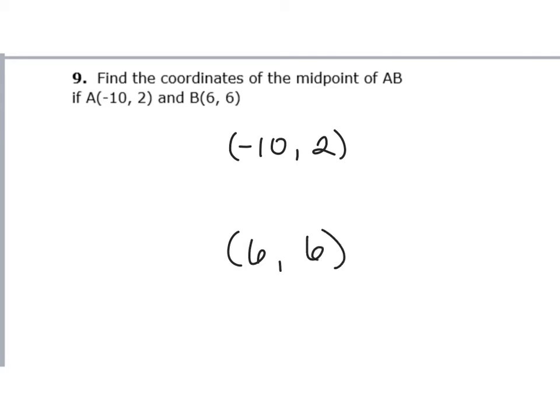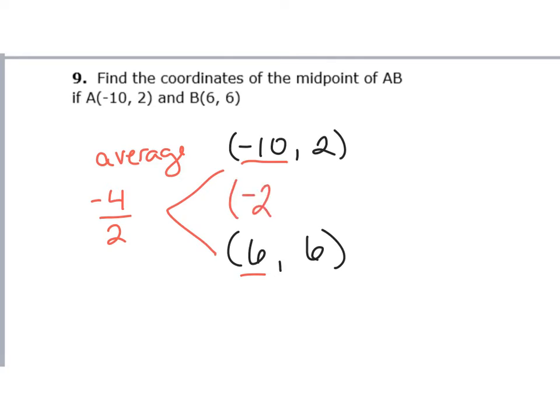On each side, I'm going to average my x's. You average them by adding them together. Negative 10 plus 6 is negative 4, and since it's two numbers, we divide that by 2. Negative 4 divided by 2 is negative 2.